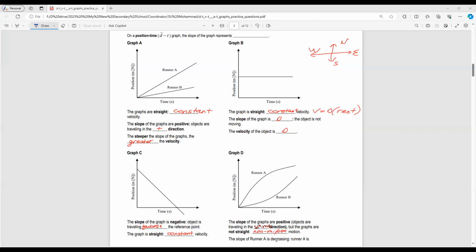The slope of runner A is decreasing. Now try to think: what happens to the slope? Does it get bigger or smaller? If the slope gets bigger, the object is speeding up. If the object is slowing down, then the slope is getting smaller. So for runner A, take the slope of the line, the tangent of the line.